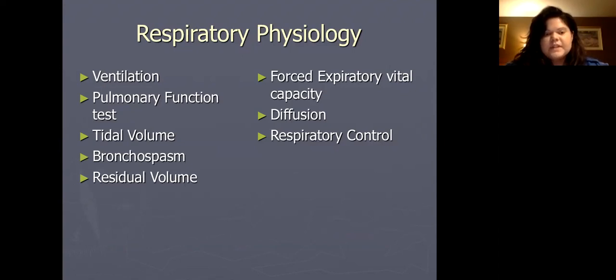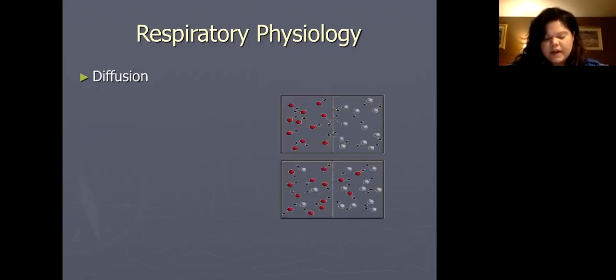So the physiology portion of the respiratory system deals with ventilation, pulmonary function tests, tidal volume, bronchospasms, any residual volume, diffusion, respiratory control. And we go a little bit into that as the presentation goes along.